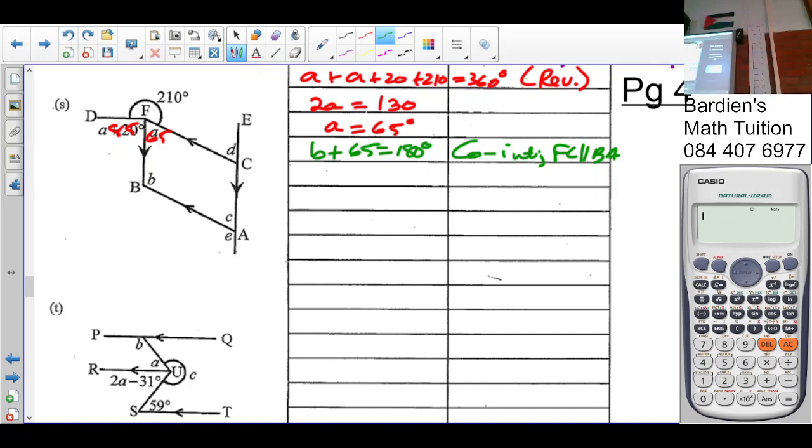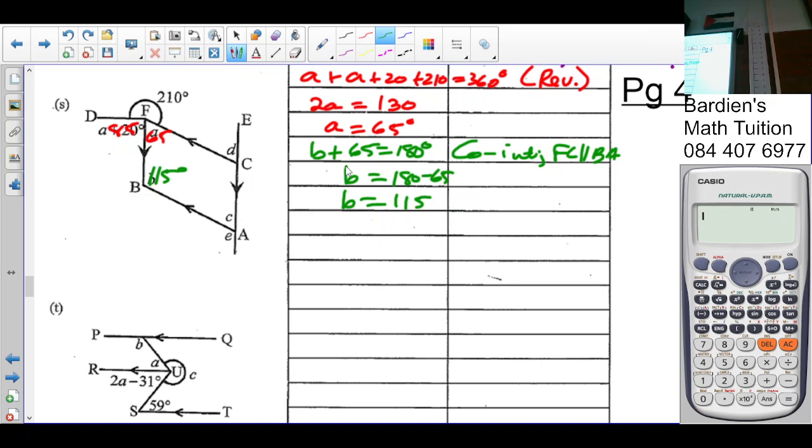Are you all okay with that? So B is equal to 180 minus 65. What's 180 minus 65? It gives you an answer of 115. Okay, so B is 115.